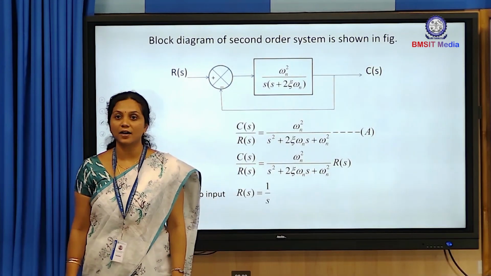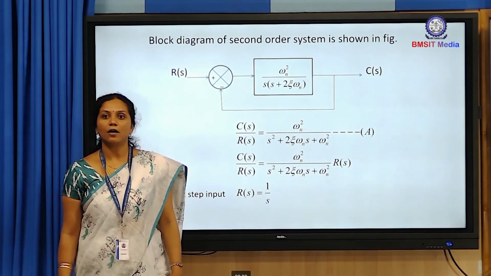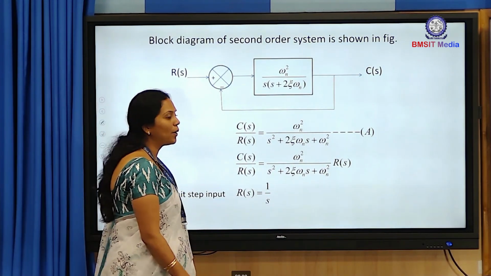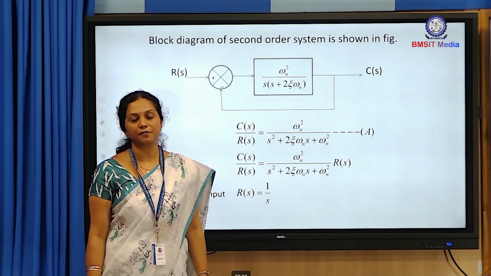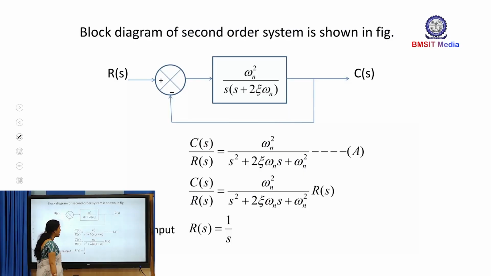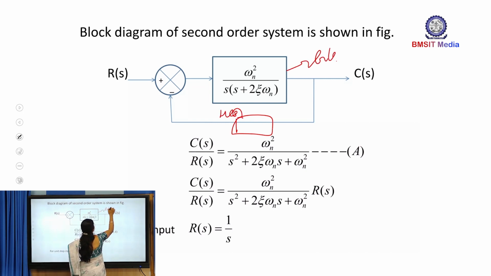Let us consider a unity feedback system. When do I say that the system is a unity feedback system? Whenever I take a feedback, here is my H of s and this is my G of s.